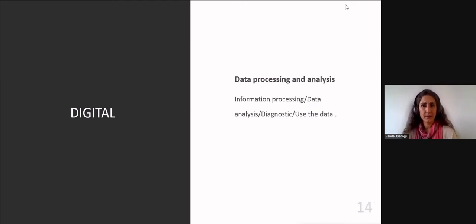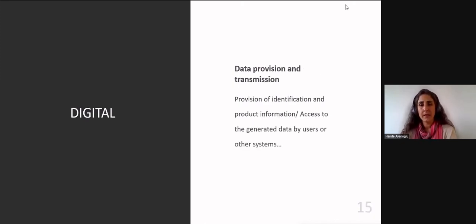When we talk about data processing for digital products, it has to analyze data or use the data for something so that the product becomes digital. Another one is data provision and transmission. So it can identify and use this information for the product, or access different data or different systems.